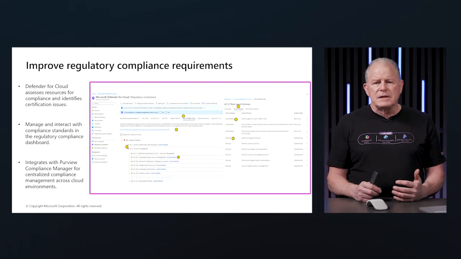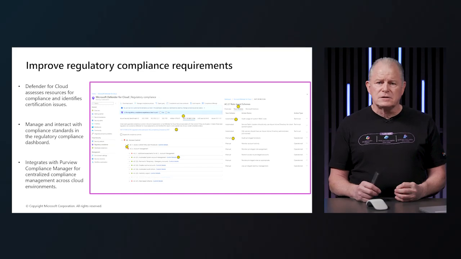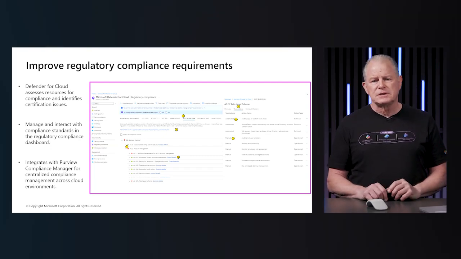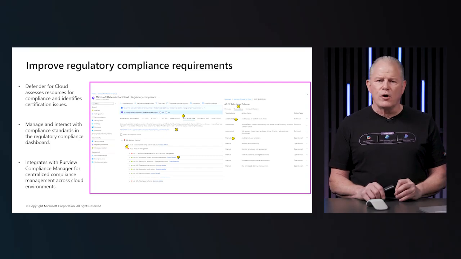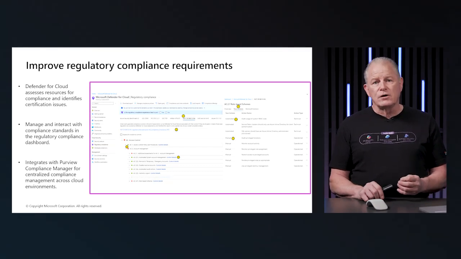Some other things that can be done to improve compliance are, in addition to the default standards, you can edit security standards, where you can customize the security policies and controls within the default security standard to better align with your organization's specific requirements. This customization allows you to adjust the scope and the applicability of certain controls based on your unique security needs.